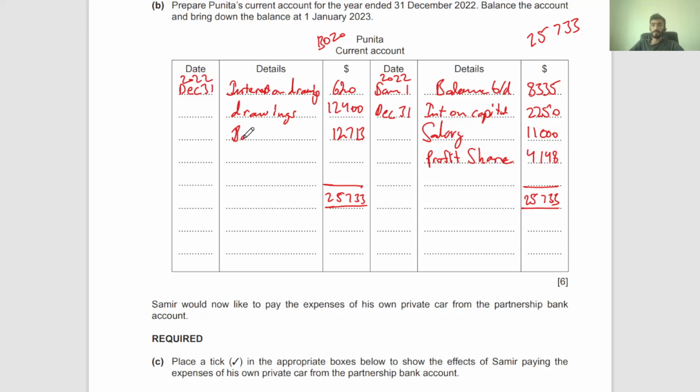That's balance carried down. 12,713 is balance brought down. By the way, credit balance on current account means it's positive. Okay, January 1st, 2023. All right.